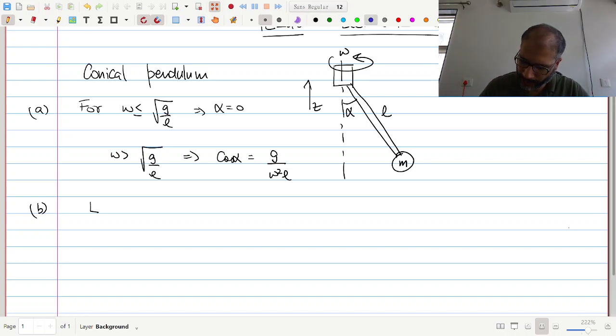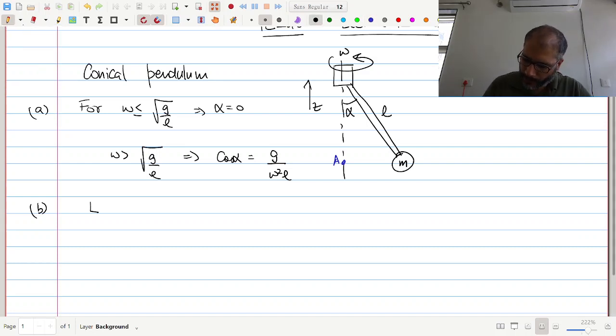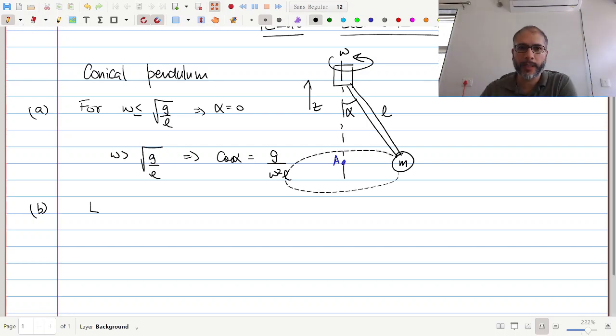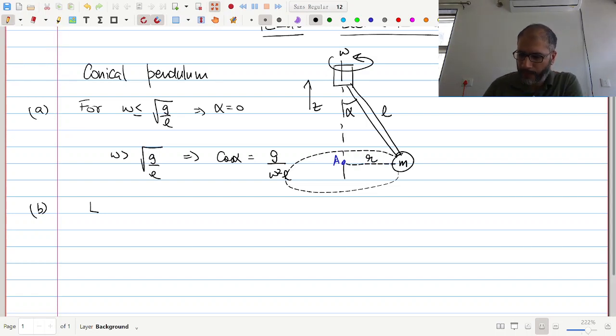One is point A. Point A is the center in the plane in which the bob m moves. So the distance from the mass m to the center A in the plane of movement is r. So we can easily see that L sin alpha is equal to r. So given L and alpha, we can find the radius r.